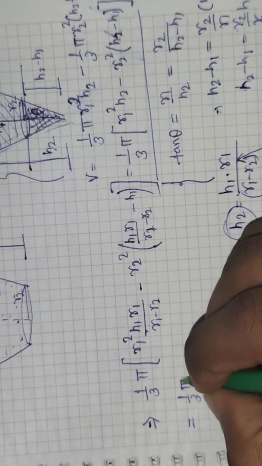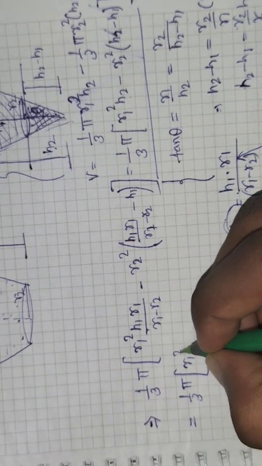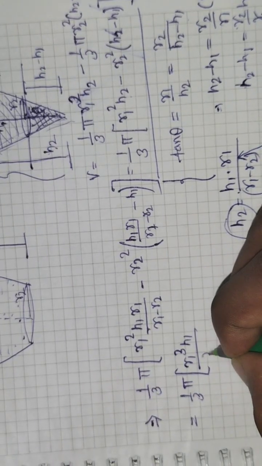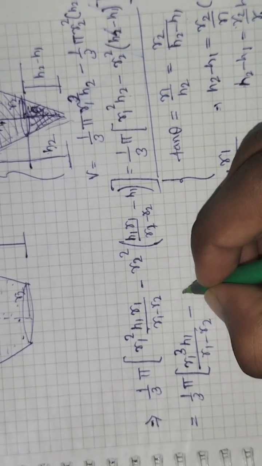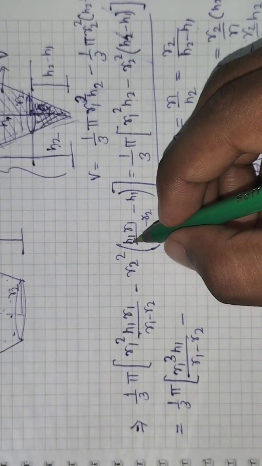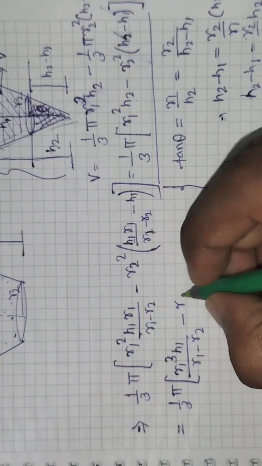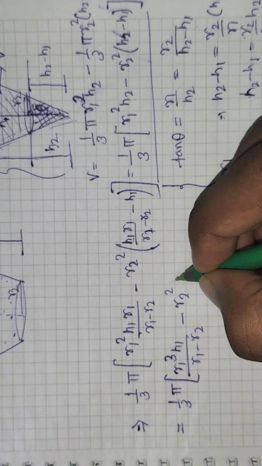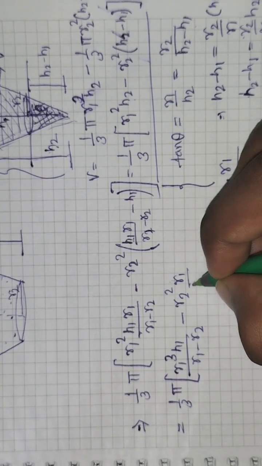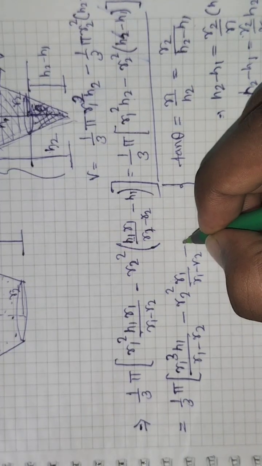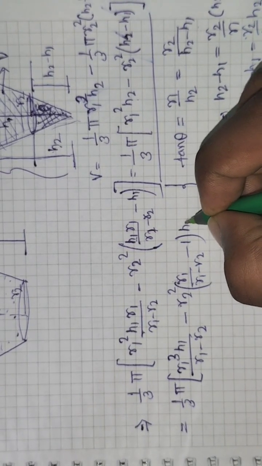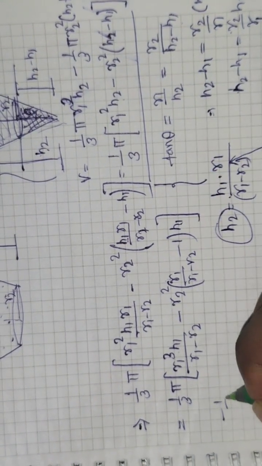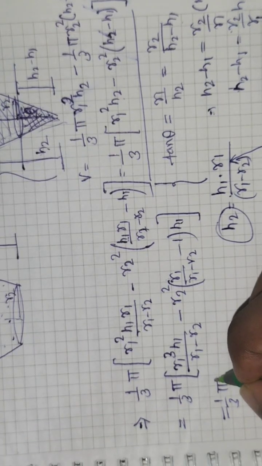So 1 by 3 pi, r1 square, sorry, r1 cube, and h1 upon r1 minus r2 minus... from here if you take h1 common, this will be r1 upon (r1 minus r2) minus 1, times h1.